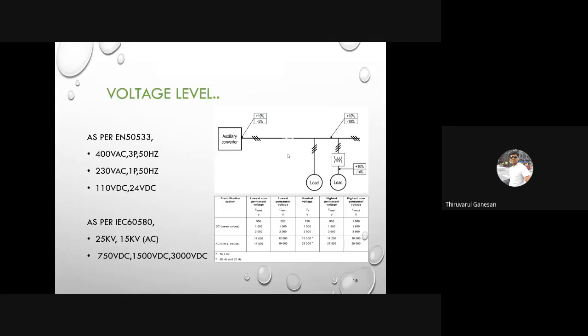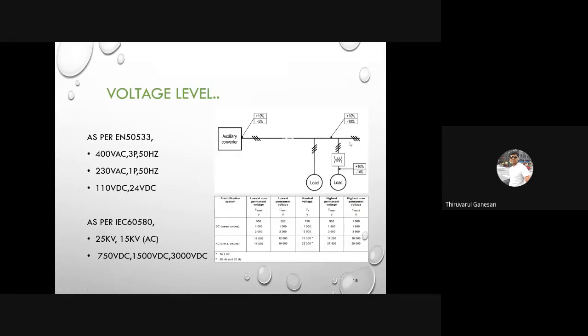So this is the voltage level for the locomotive and the auxiliary converter design. And for the catenary voltage, these are the voltage limits: AC 25 kV and 15 kV, and DC 750, DC 1500, 3000. As per the standard, these are all the voltage limits. We can go with a permanent lowest side and non-permanent lowest side. These are the tolerances for a catenary system.